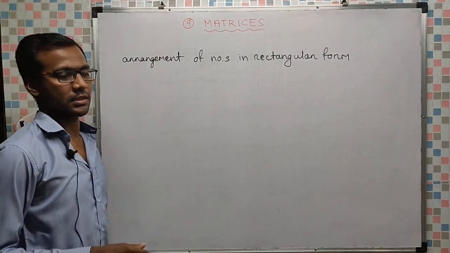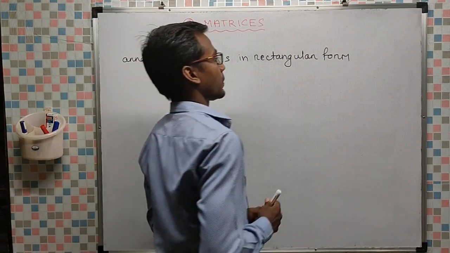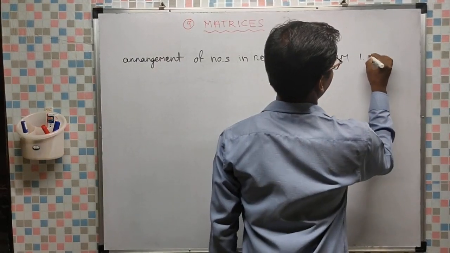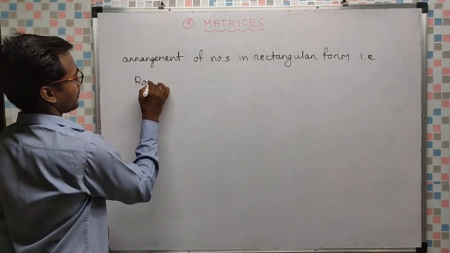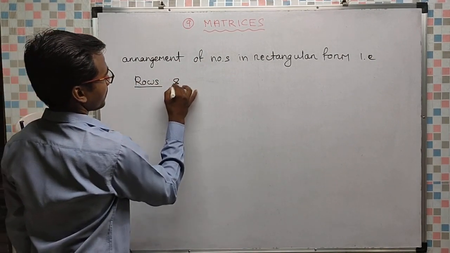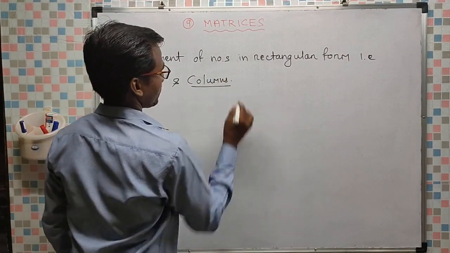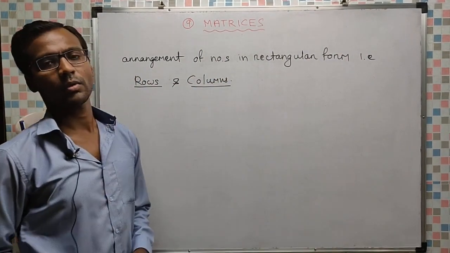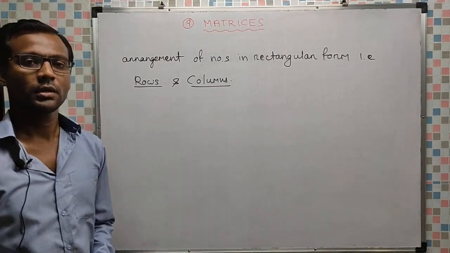So matrix is the arrangement of numbers in rectangular form. Rectangular form means rows and columns. So the arrangement of numbers in rectangular form, that is in rows and columns, is called matrix.